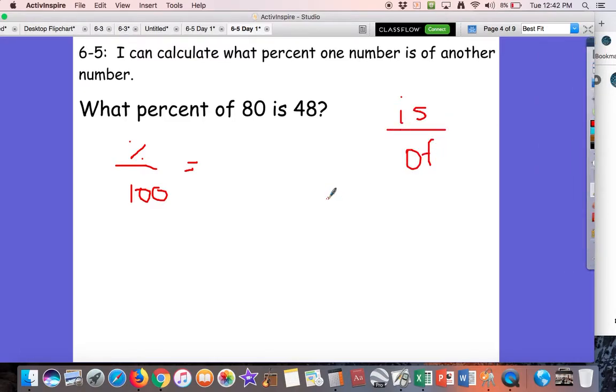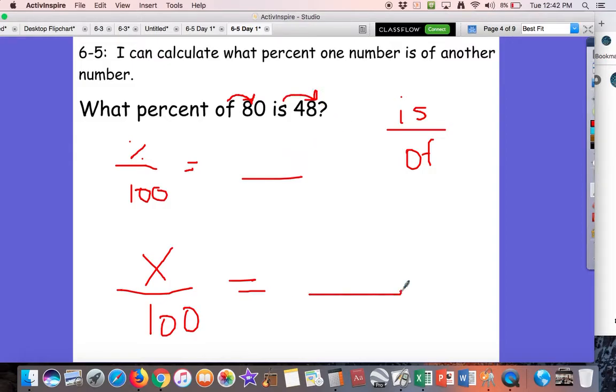Okay, so is, of. All right, so let's fill this in. What percent? All right, so the percentage is going to be our x because we don't know what that is. 100 always is on the bottom of this. There's our of, and there's our is. So is goes on the top, and the of goes on the bottom.